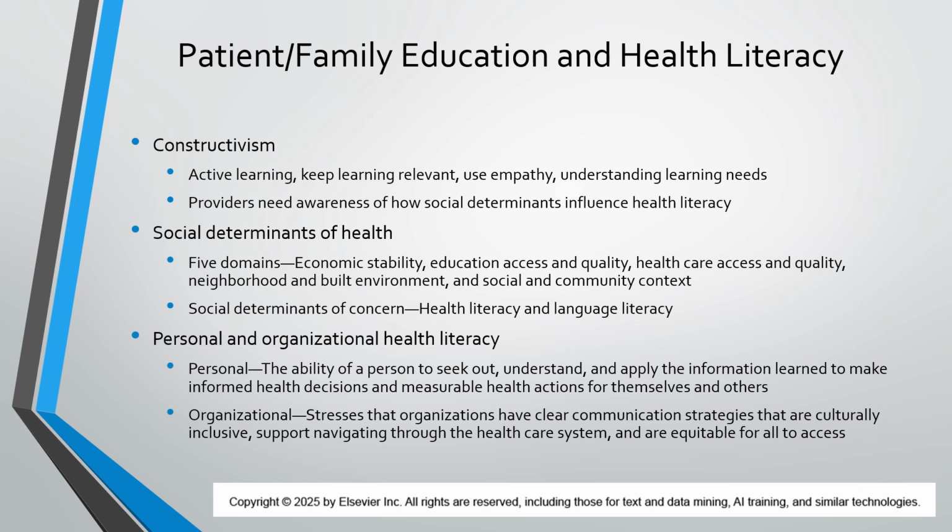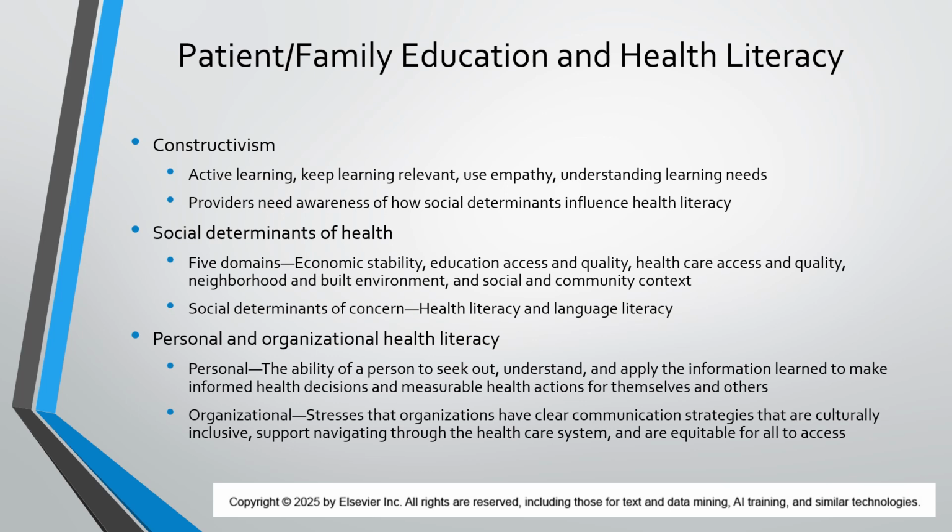There are 2 different sub areas of health literacy. One is personal health literacy, which is the ability of the individual to seek out, understand, and apply the information learned to make informed health decisions and measurable health actions for themselves or for others.